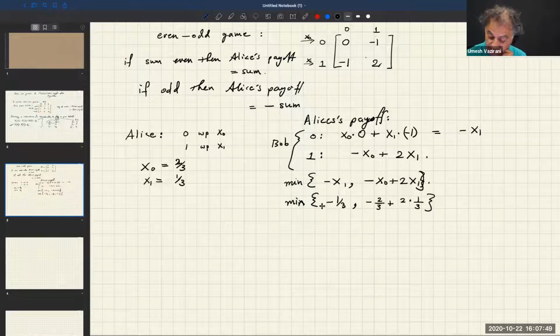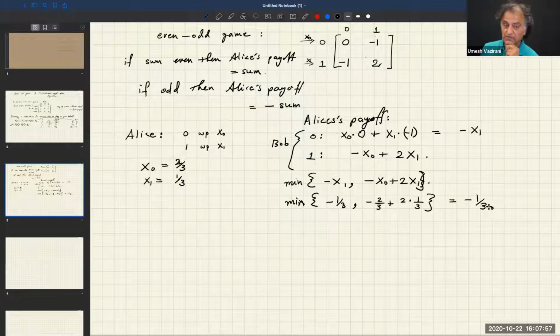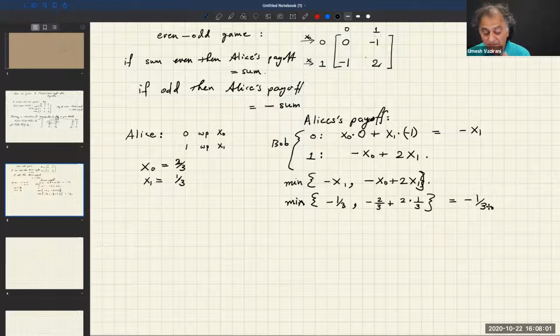So it's the minimum of minus 1/3 and 0, which is minus 1/3. Okay, so she loses 1/3. Now notice she's already doing better than committing to either 0 or 1. Right? Can she do any better? Well, it turns out she can do better.